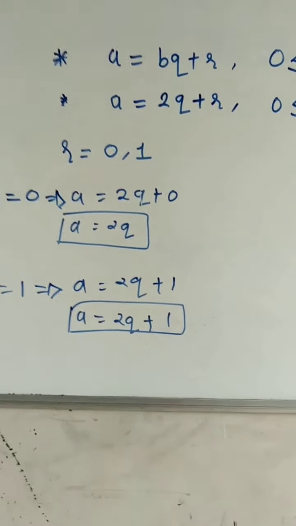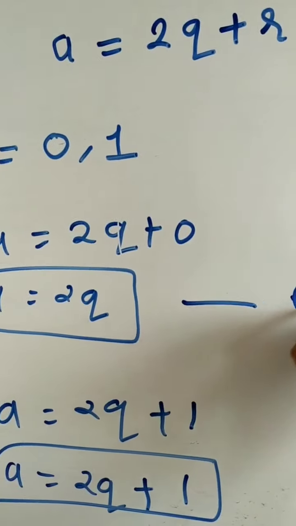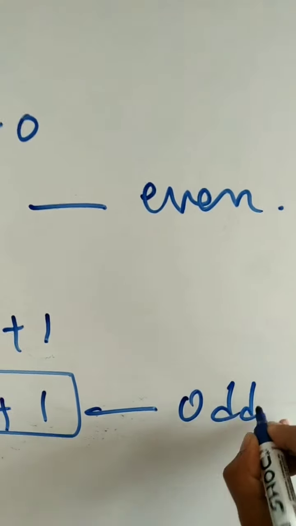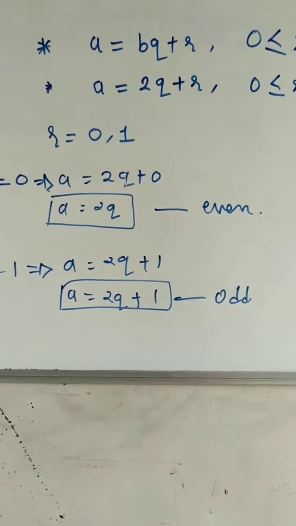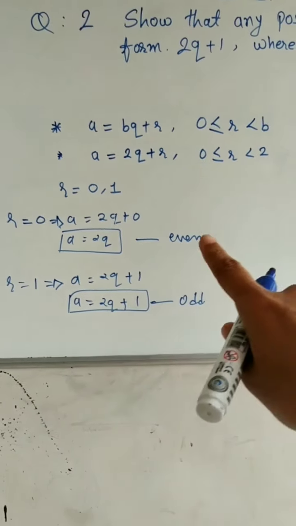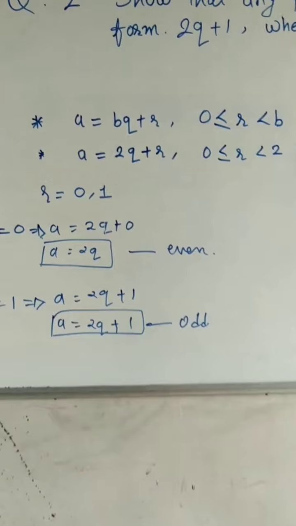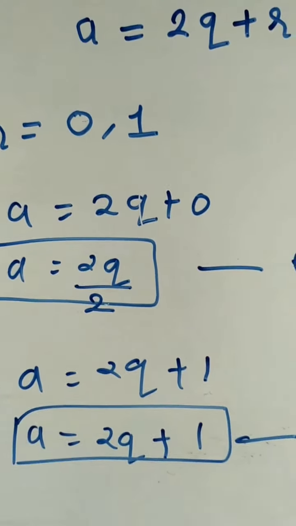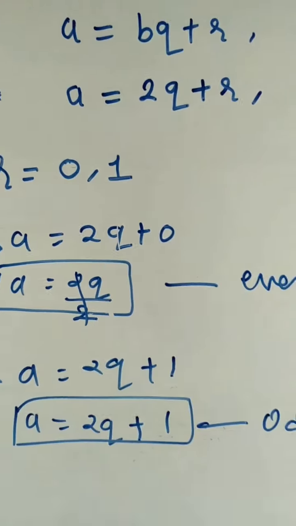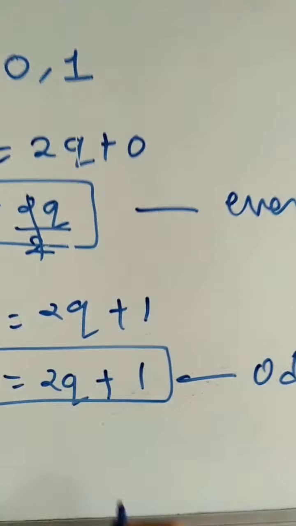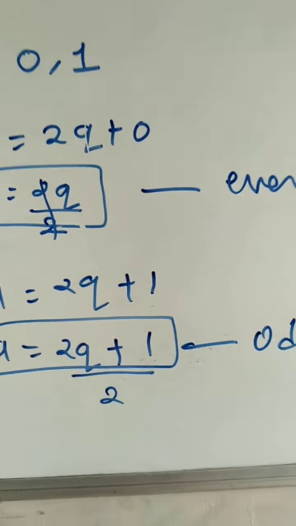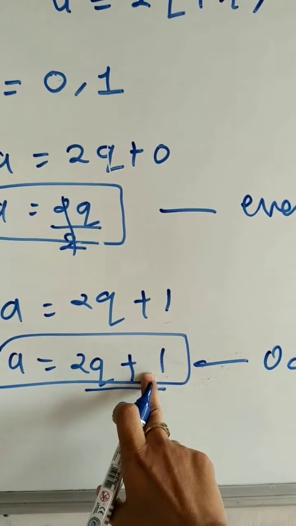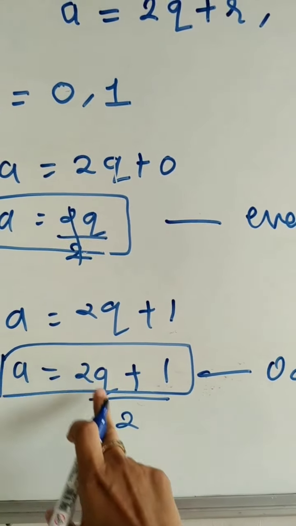So here I will say that this one is even, and this one is odd. Now students will ask me, how did you directly tell us that 2q is even and 2q plus 1 is odd? Simply, when you divide by b, meaning 2, the 2 will cancel out and the value of q will remain over here. But if you divide 2q plus 1 by 2, it cannot be divided because it is in the form of addition, so you cannot divide this 1.